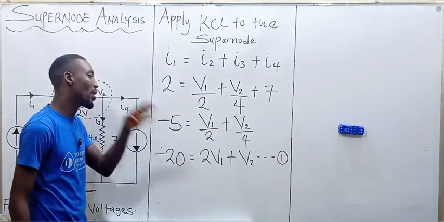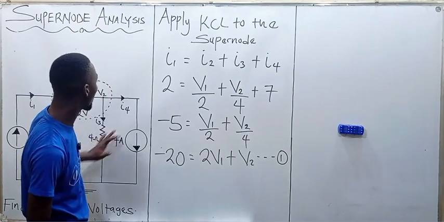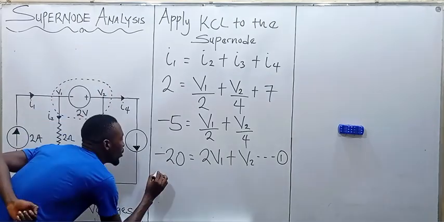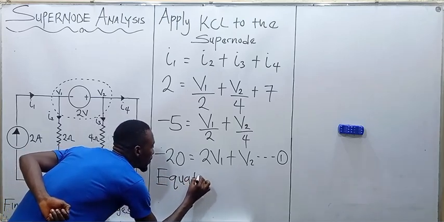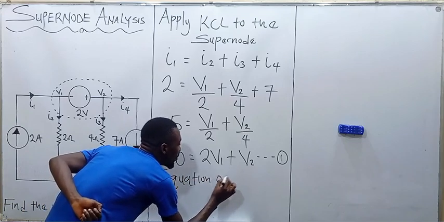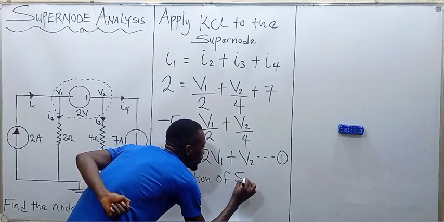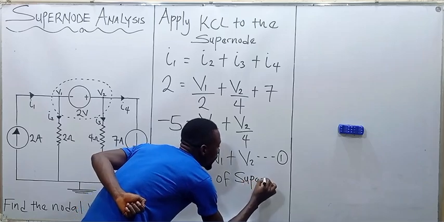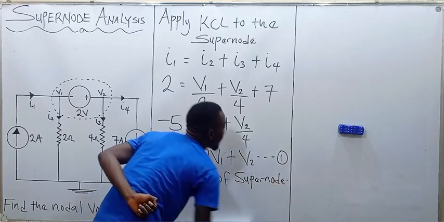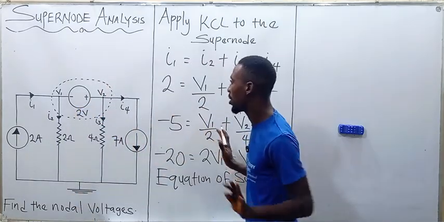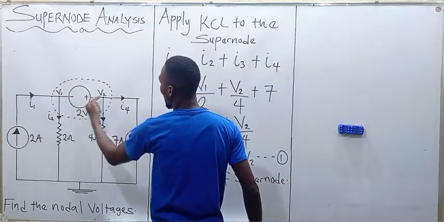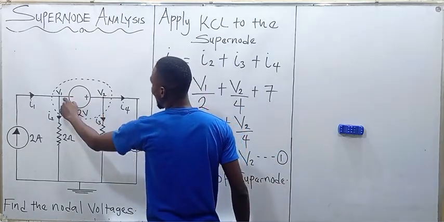Now the next thing we are going to do is to write the equation of the supernode. So what will be the equation here? The positive part is V2 while the negative part is V1.